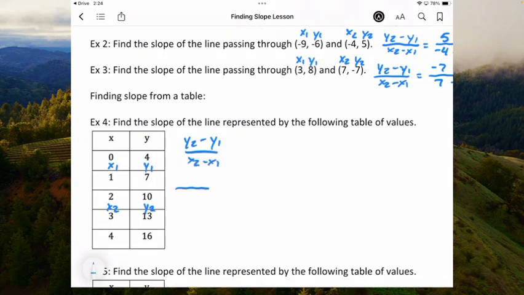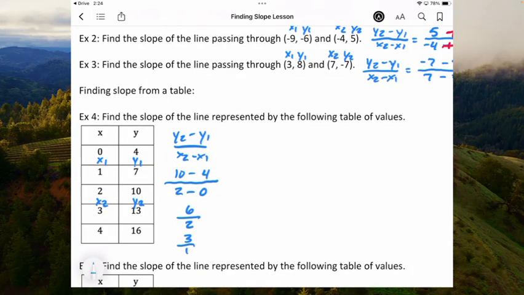It's going to give us 10 minus 4 over 2 minus 0. 10 minus 4 is 6 over 2. That's equivalent to 3 over 1. Our slope is 3 over 1. And our initial value is going to be 4. So for an equation, y equals 3 over 1 plus 4.